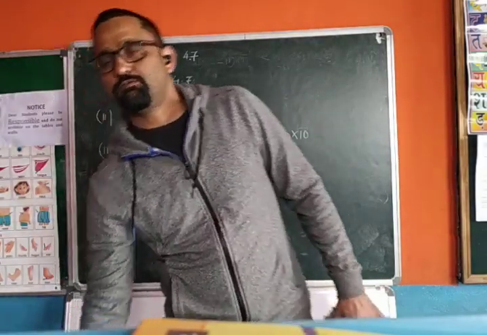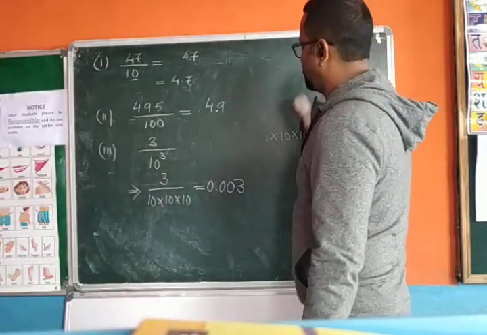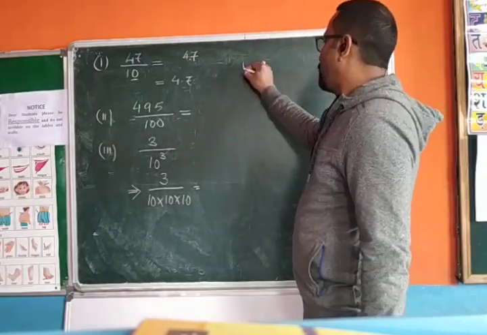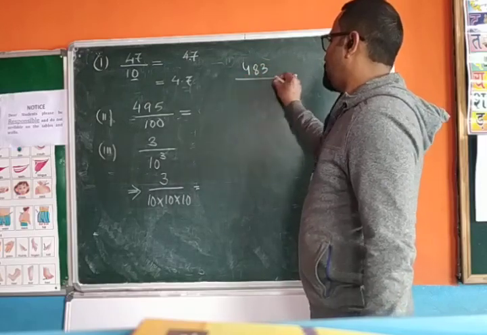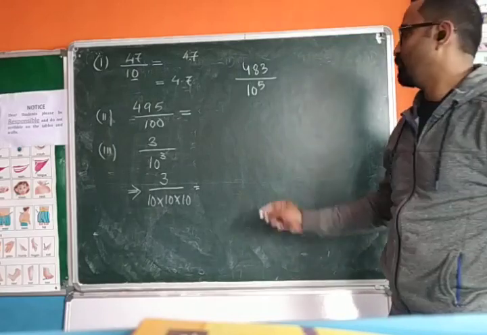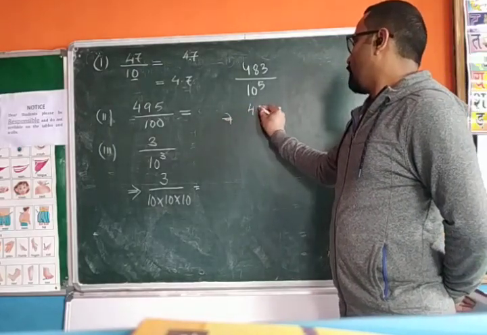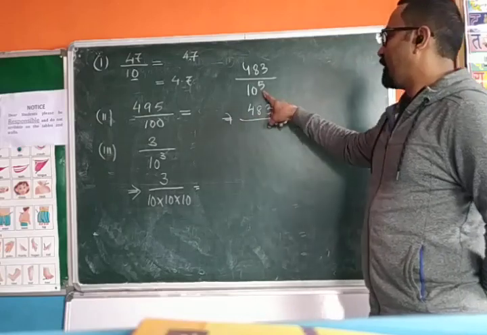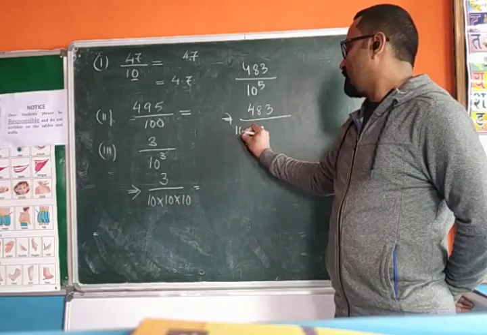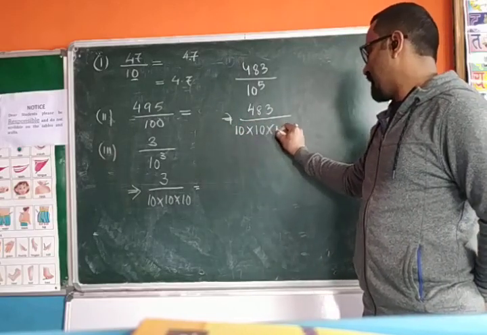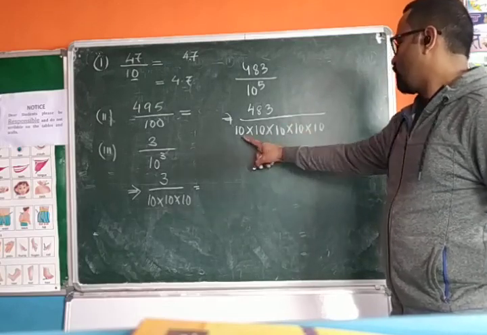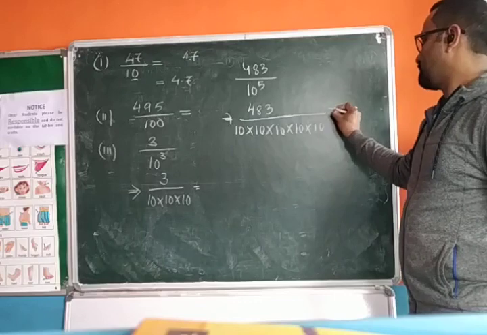Let's consider the fourth example, 483 upon 10 to the power of 5. Similar steps you need to follow. 10 to the power of 5 means 10 multiplied 5 times: 10 into 10 into 10, again 10, 10, 1, 2, 3, 4, 5 times.